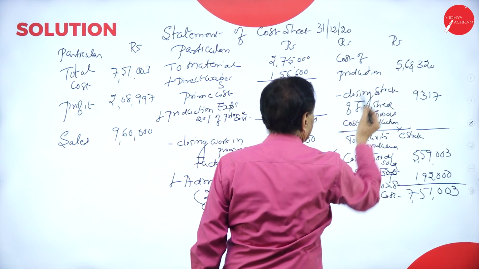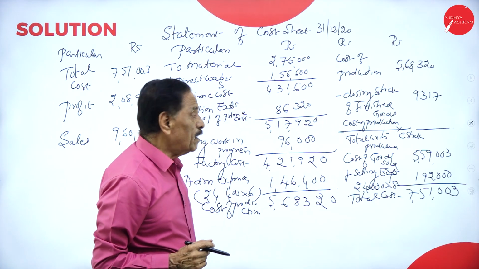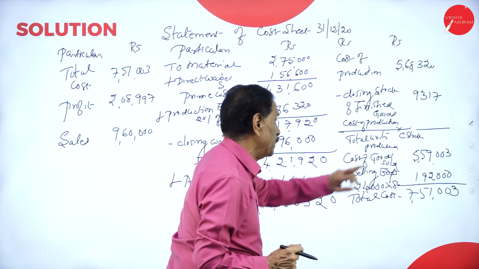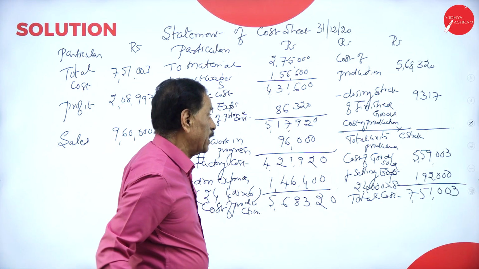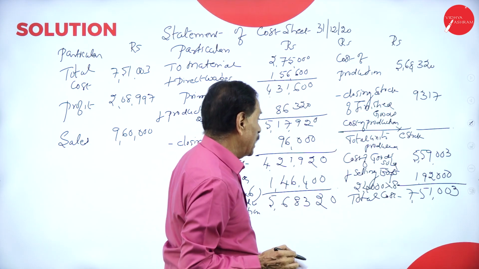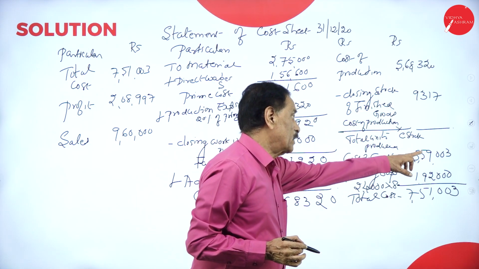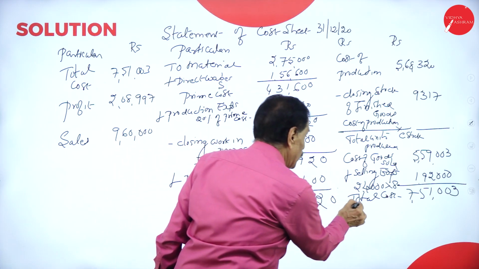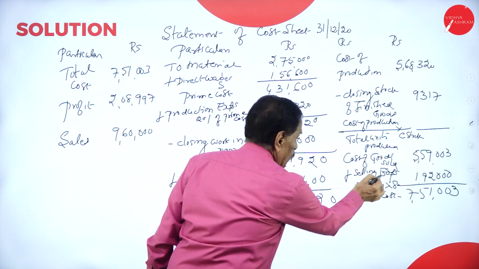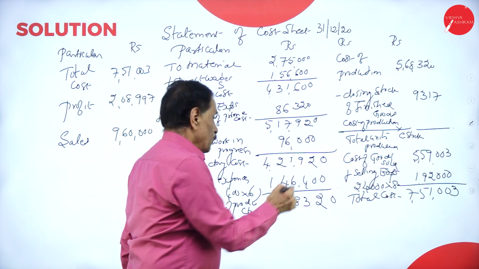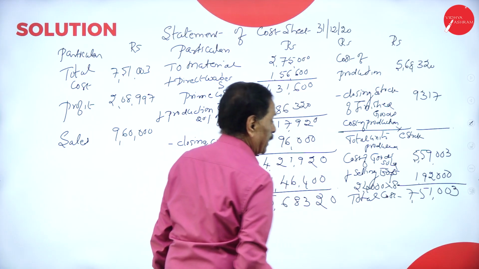That is the cost of production minus closing stock. Formula: cost of production divided by total units produced. As per the working note, closing stock 9,317; deducting it gives 5,59,003, the cost of goods sold. Add selling expenses, 24,000 into 8, 1,92,000.